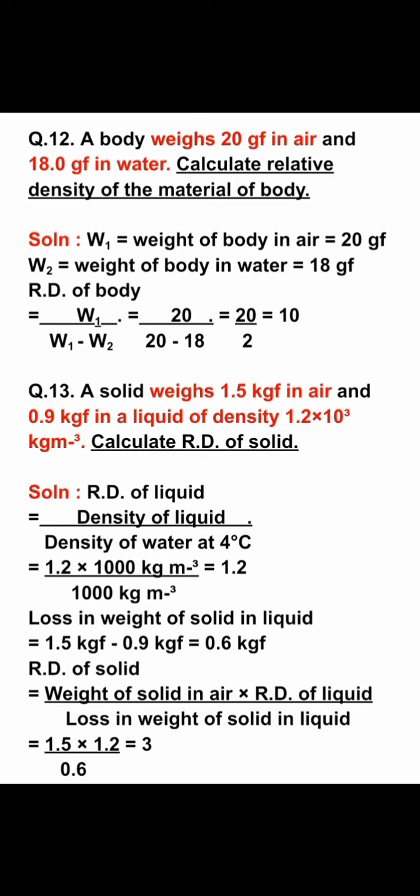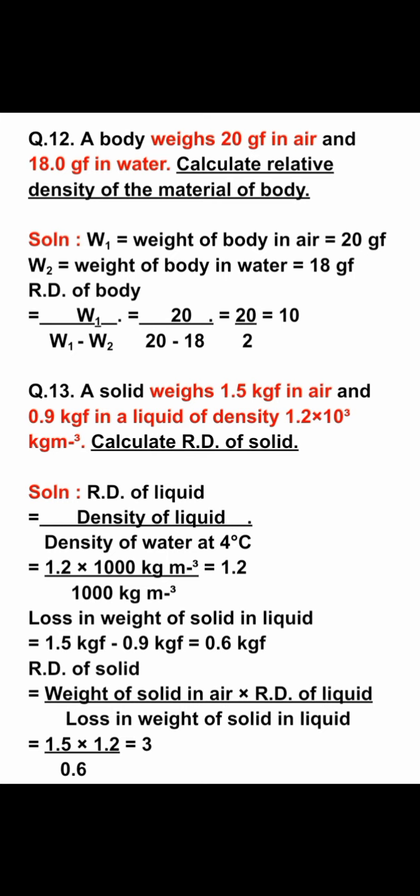So the relative density of the body equals W1 divided by W1 minus W2. So it's 20 divided by 20 minus 18, equals 20 by 2, which equals 10. So the relative density of the material of the body is 10.